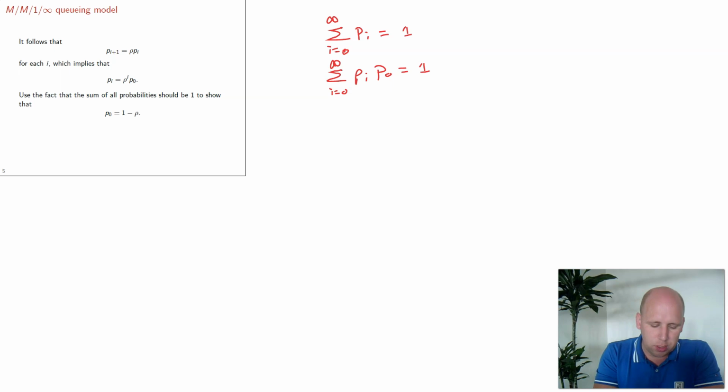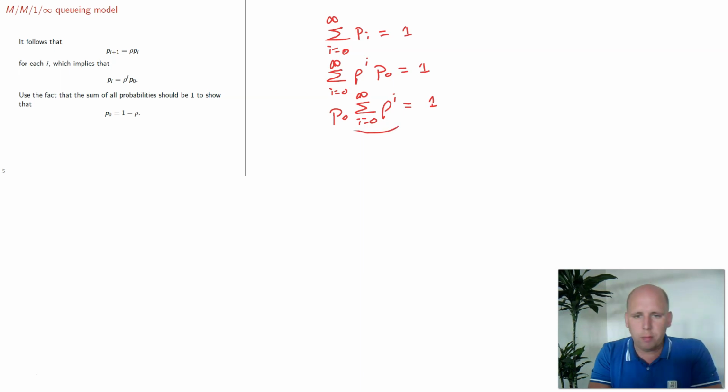P0 is a constant that can be written in front of the summation, so then we get this, and it should of course be rho to the power i. This should be equal to 1. And then here we have a sum of a geometric series. The geometric series converges.